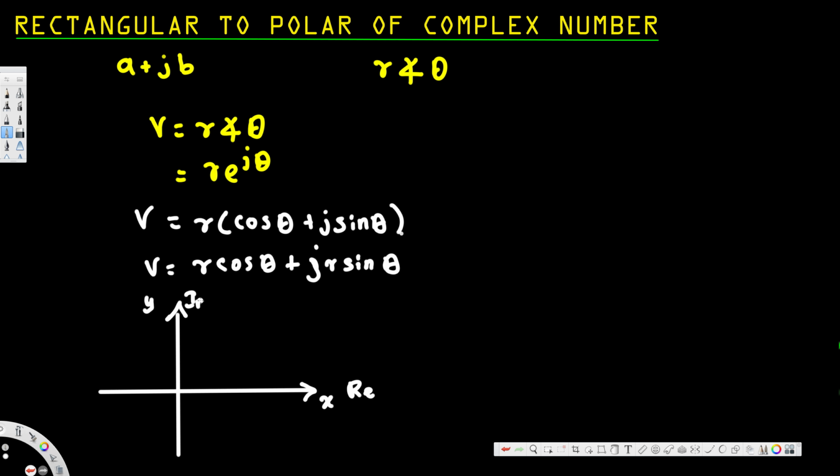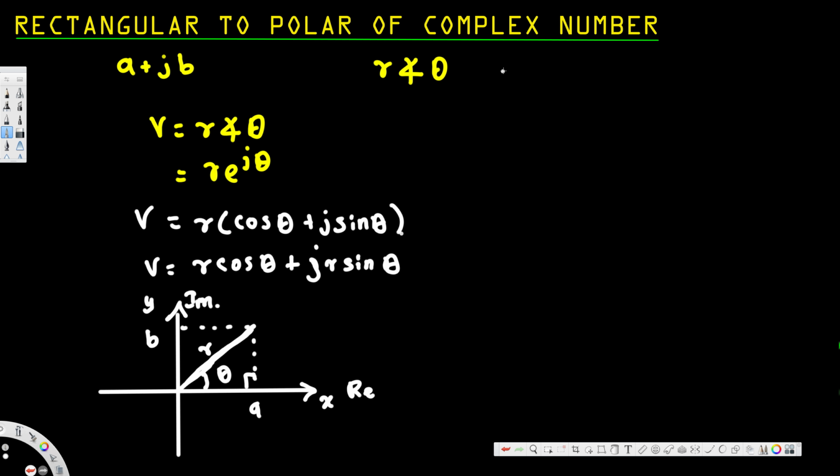In our case a is the real part, so we are going to have a right here, and b is the imaginary part, so we are going to have b somewhere here, and the angle that it makes with the horizontal is going to be the angle theta. And this is r, and that's it. So this is how it's going to look.